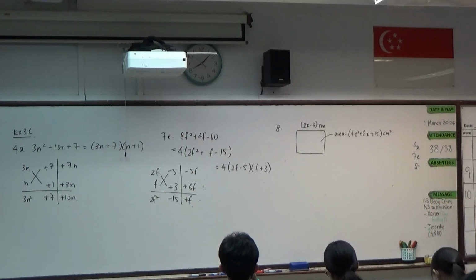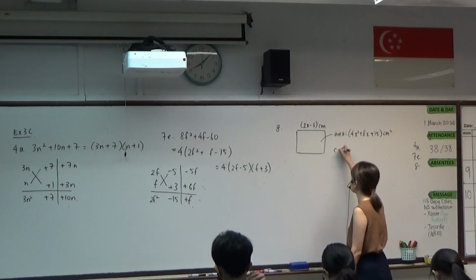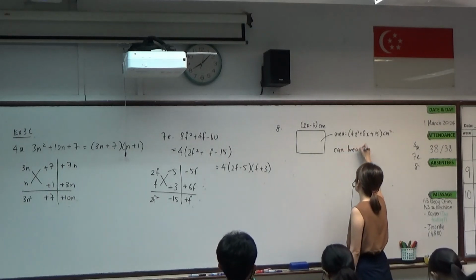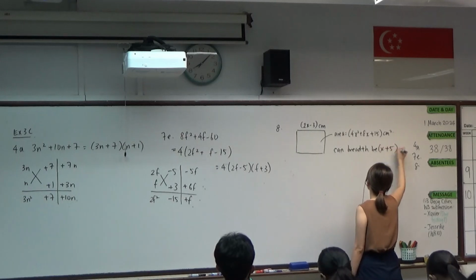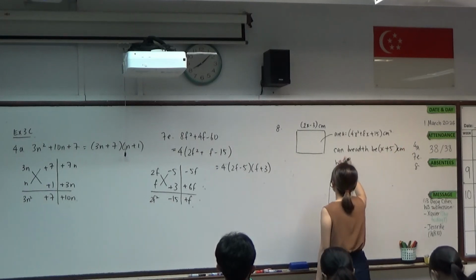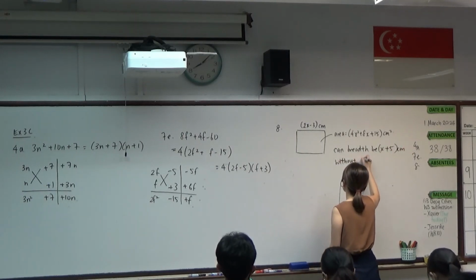Without factorizing the expression, explain if the breadth of the rectangle can be x plus 5. Okay, so the question is, can the breadth be x plus 5 cm without factorizing.